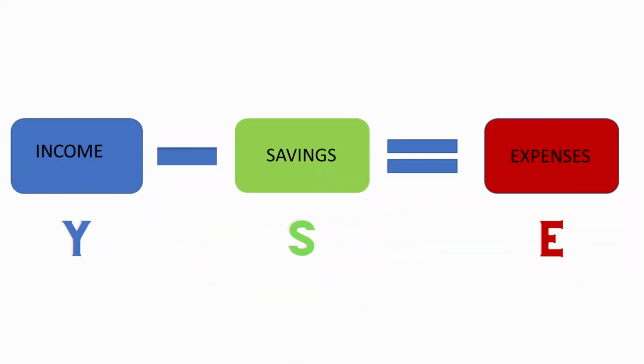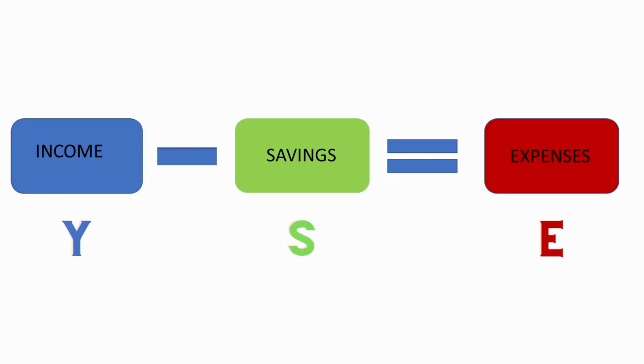What is this? The formula that you will be using is income minus savings equals expenses. And what do I mean by that? Yes, it's a simple swap of the savings. You bring savings forward first on the left hand side and your expenses on the right hand side. What is the difference? The difference is enormous because it changes your behavior drastically.